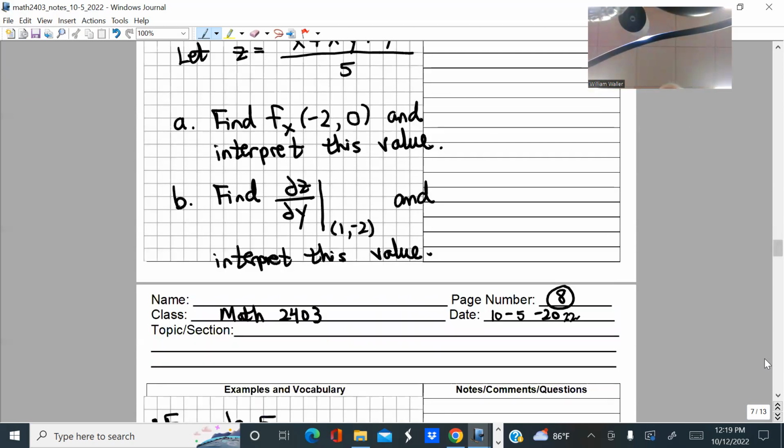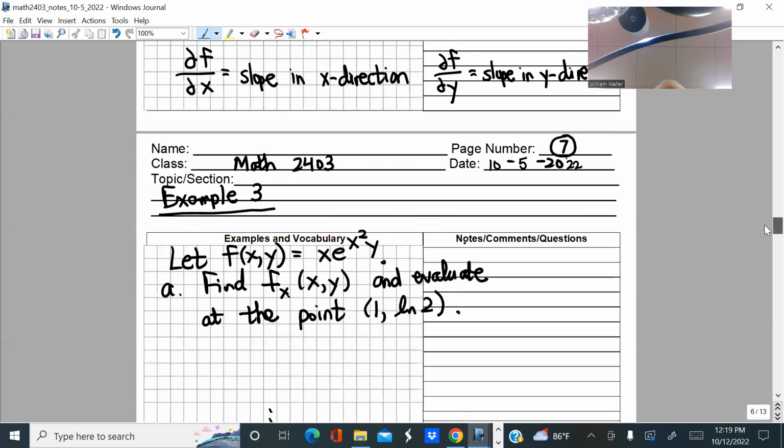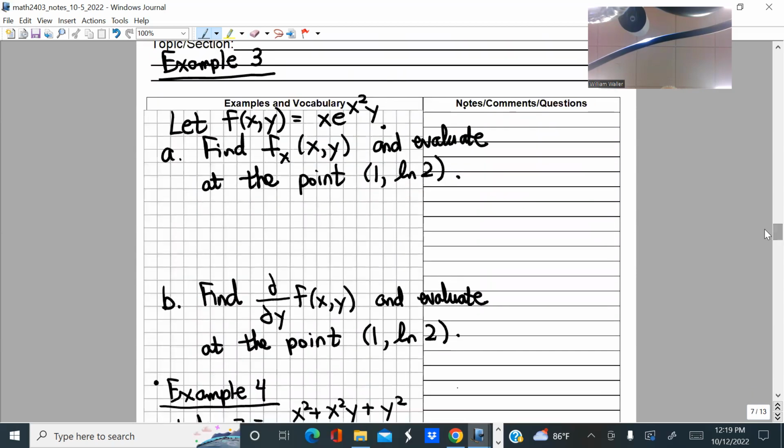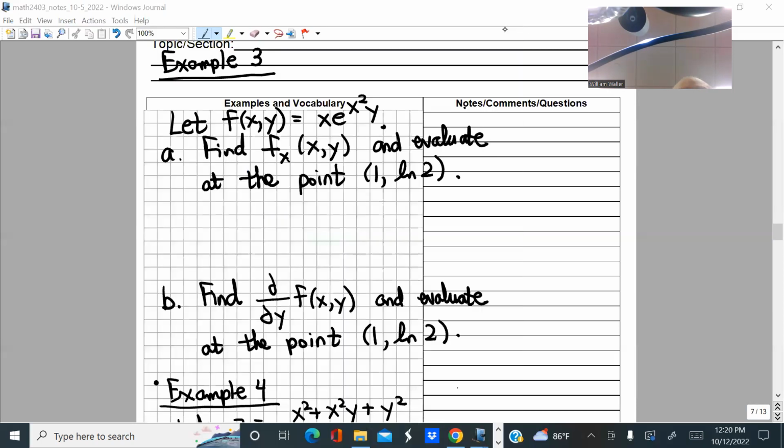And let's try calculating that partial derivative. Remember, you're thinking of y there as being a constant, so the only real variable in this formula is x.